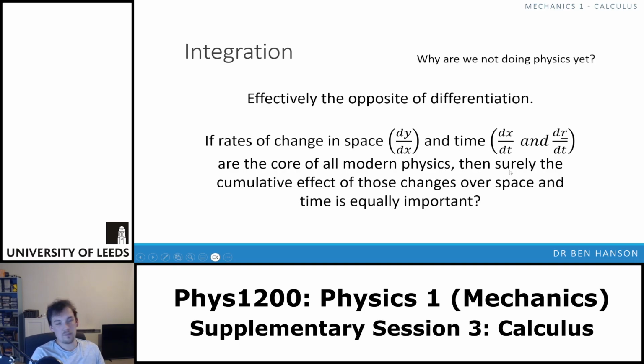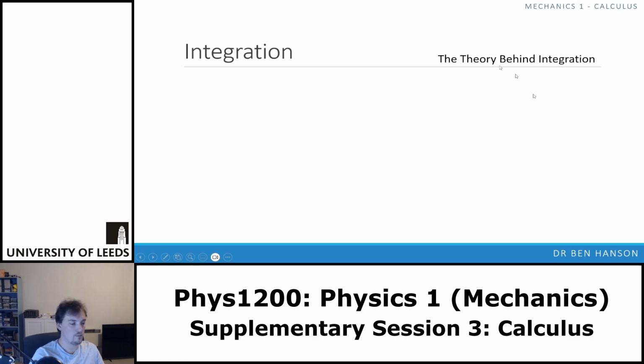And in lecture 1 mechanics, we'll see that immediately. So we'll start off with speed, we'll start off with acceleration, and we'll get speed and we'll get distance, or we can start off with distance and get speed and acceleration. Differentiation or integration, both of those things are as important as the other, and we can start wherever we like. So differentiation is important because rates of change are important, then integration is also going to be important.